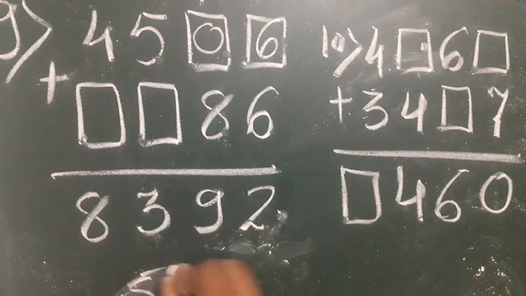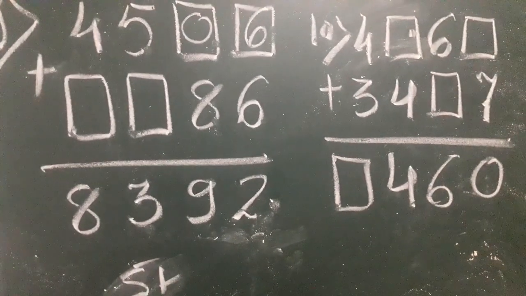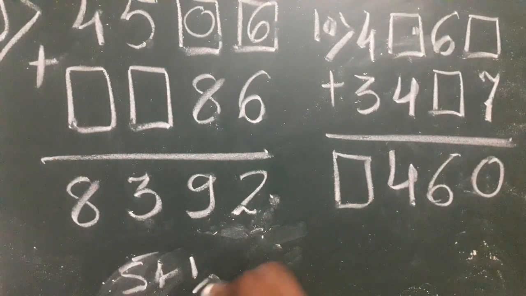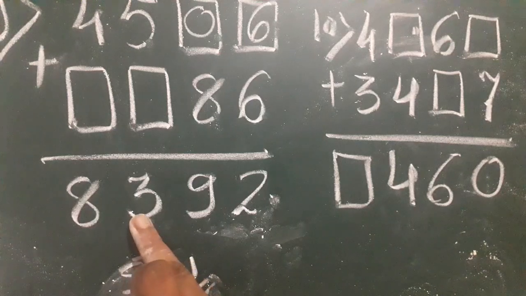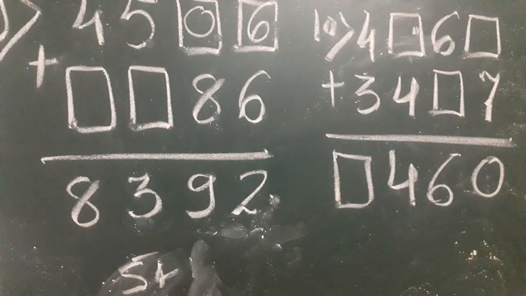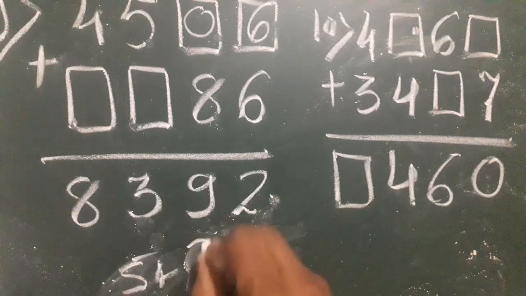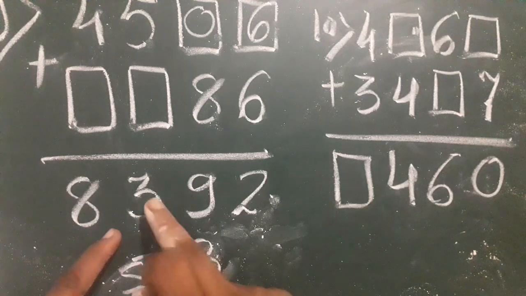And now go on thinking with the numbers. Here I say start with 1. Then 5 plus 1 is 6 which is not here. So this is wrong option. Go with 2. 5 plus 2 is 7 which is not here. So that is also wrong. Go with 3. Then 5 plus 3 is 8.